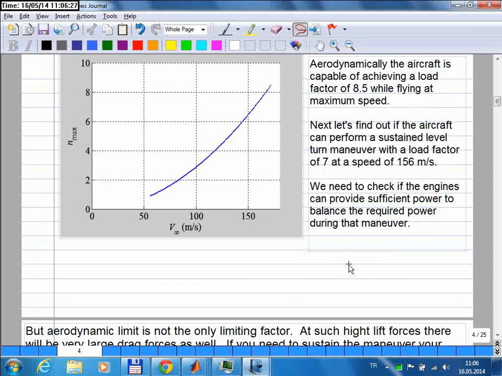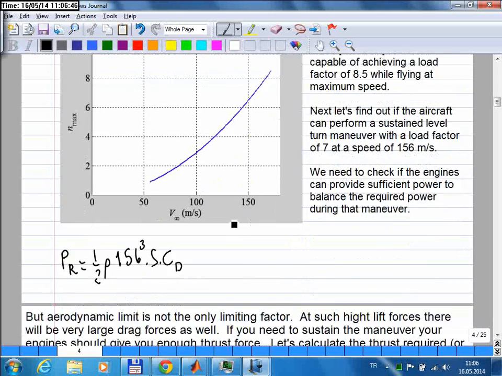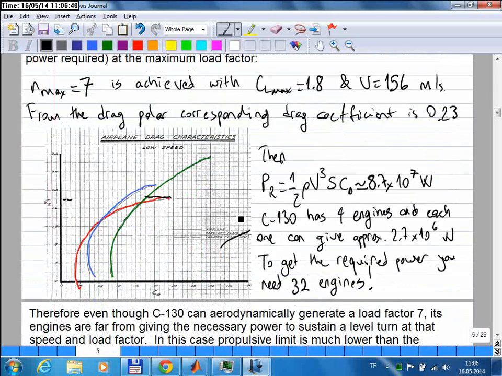So we know the engine power, right? So let's use the power. So let's find the required power. The speed is 156 to the power 3, since we are calculating power, times S times CD, and the drag coefficient, we need to refer to this table.